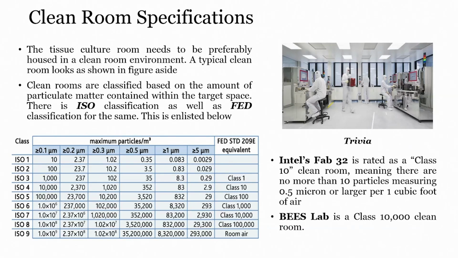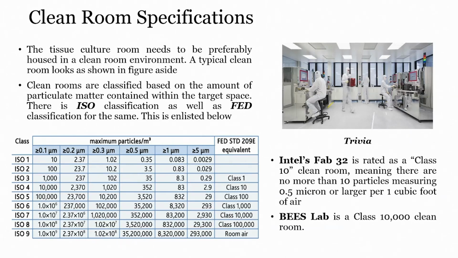When you talk about class 1, that will be ISO 3, and it is a clean room which has about 1000 particles greater than 0.1 micron, about 237 greater than 0.2, and so on till 5 microns.